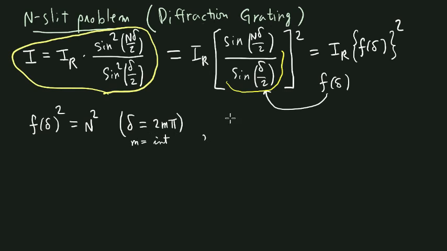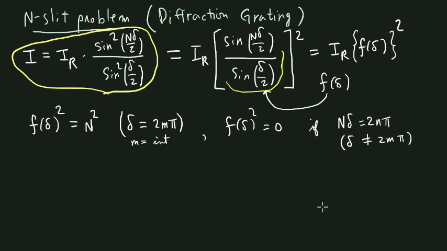And then f delta squared becomes 0 if N delta equals 2n pi, but delta is not 2m pi. So this is clearly a maximum intensity condition, what we call the principal maximum condition.